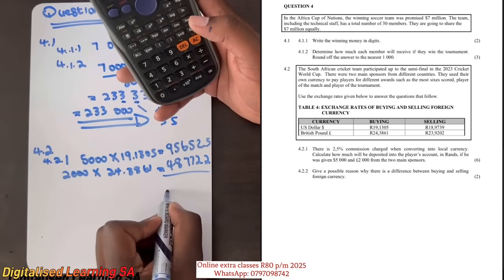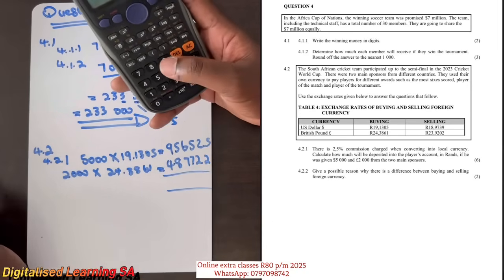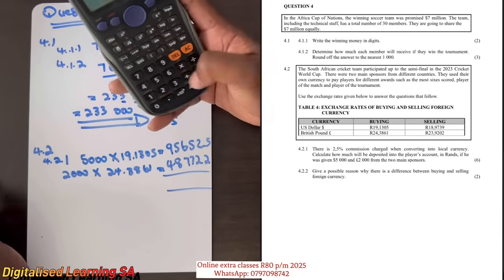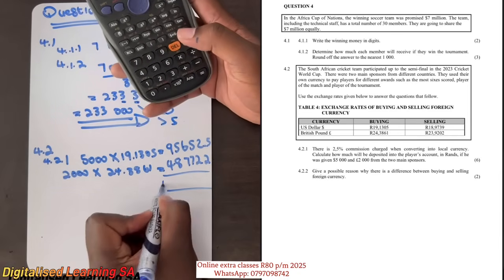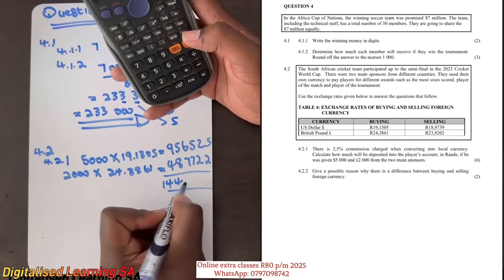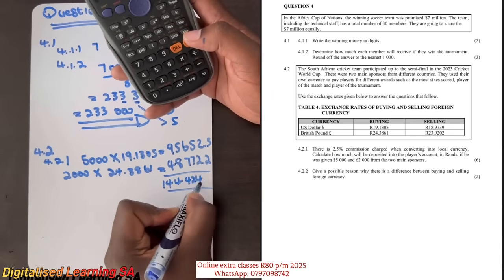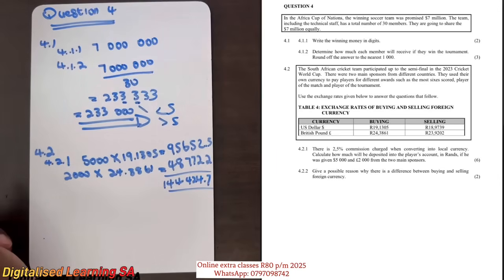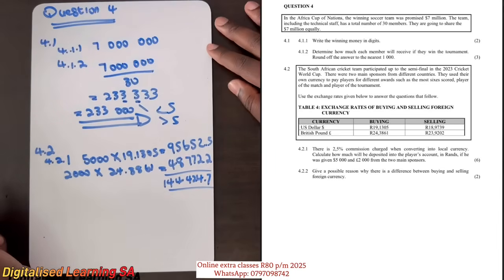So our total is going to be 95,652.5 plus 48,772.2, so our total will be 144,424.7.